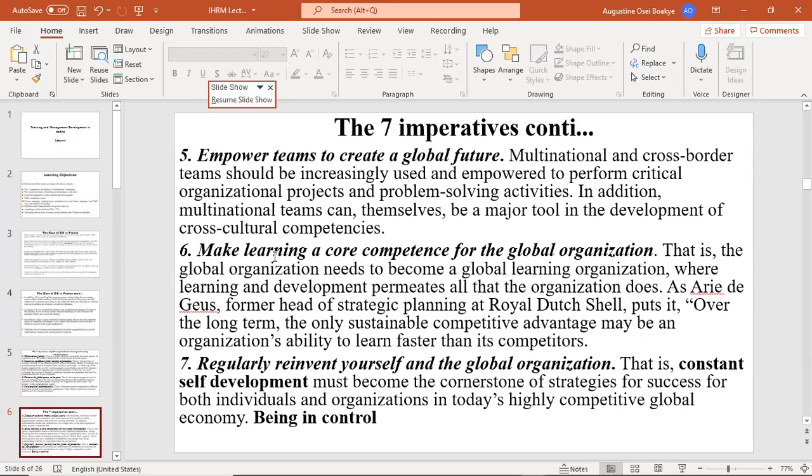In addition, multinational teams can themselves be a major tool to develop cross-cultural competencies. Now, we all know that in multinational enterprises, you'll be having people from different countries and different cultural contexts working together and pooling their strengths whilst overcoming their weaknesses in order to make their organization more viable.